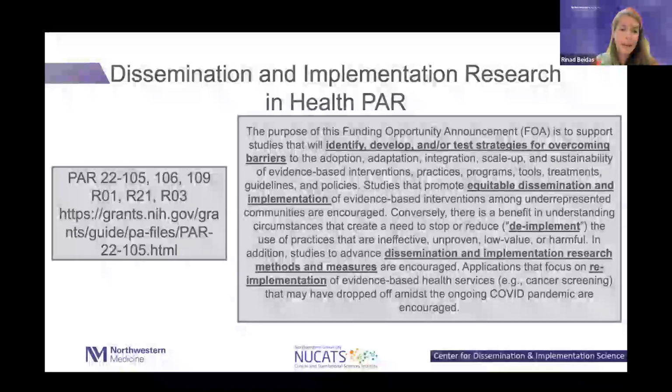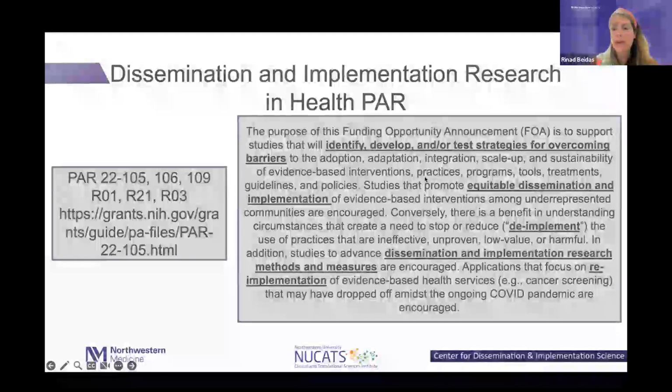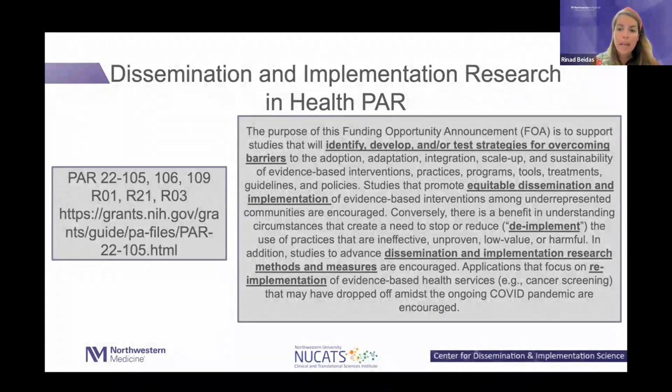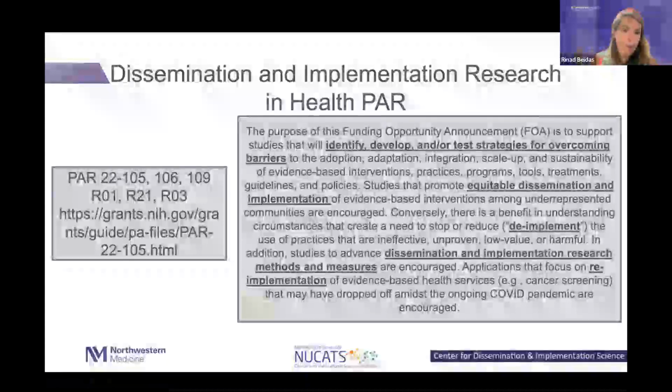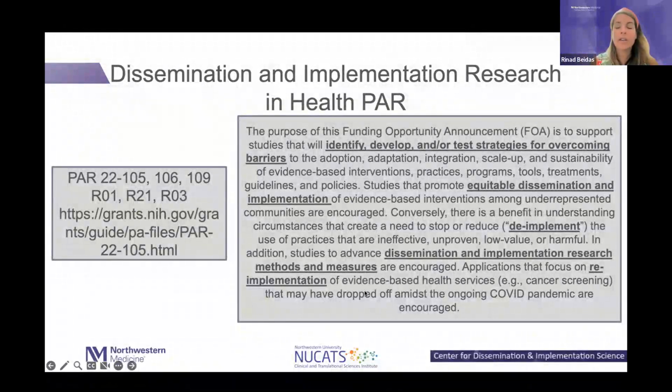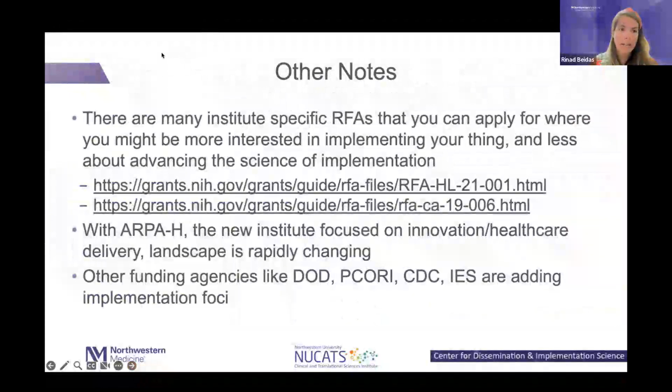And methods and measurement in the field, which is a place where I think Northwestern is uniquely situated to lead. Well, I think we can lead in all these areas, but given the strong emphasis we have in measurement. And then in 2022, they added this last sentence about re-implementation of evidence-based health services that might have dropped off during COVID. So again, you want to go to that website and read it very closely to understand the types of questions that are funded.